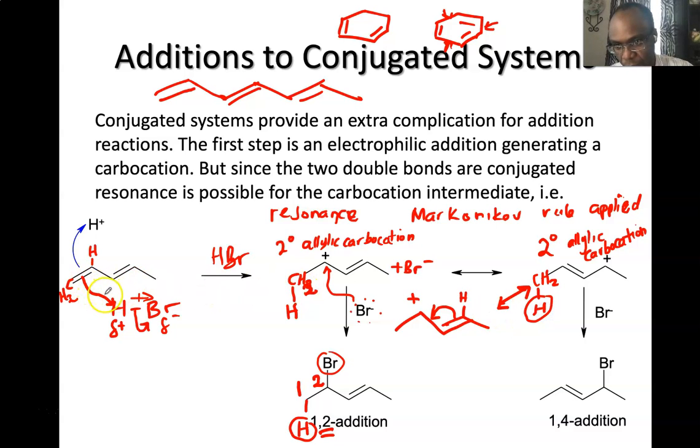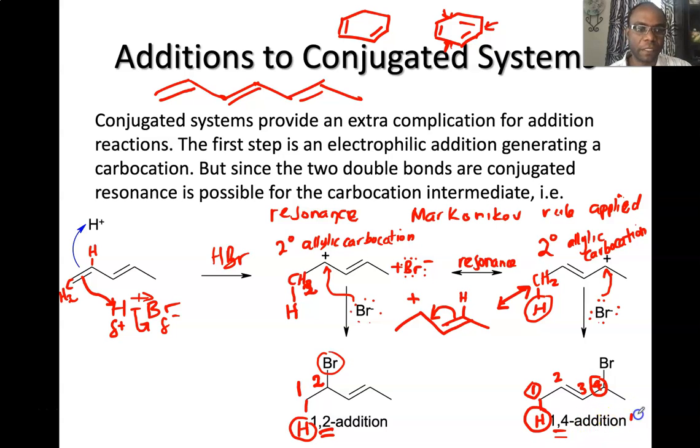Here, with Markovnikov addition, the hydrogen went where the CH2 was, so I'm showing it here. The Br that fell off at this point delayed its attack, so the carbocation rearranged in this manner or in that manner. This is just a resonance arrow. Now the Br comes in after the rearrangement to attack the plus sign. So the hydrogen was added here, the Br ends up there, so this is 1, 2, 3, 4. Notice the groups were added on the first carbon and the fourth carbon, so it's 1,4 addition.